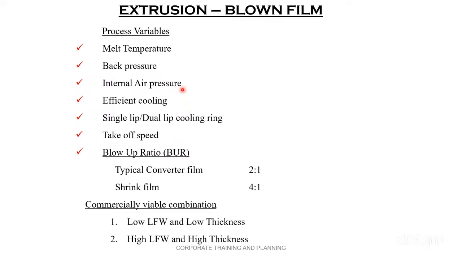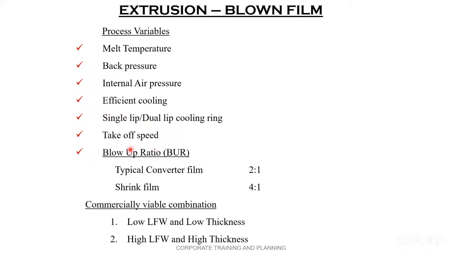Internal air pressure, yes, is required at 3 to 4 kg per square centimeter. For efficient cooling purposes, efficient cooling is needed. Cooling may be ring cooling, maybe mandrel cooling. We have just seen the mandrel cooling, where the bubble is formed on the mandrel, right? It is chilled by chilled water. Then lip cooling rings. It may be single lip, double lip.